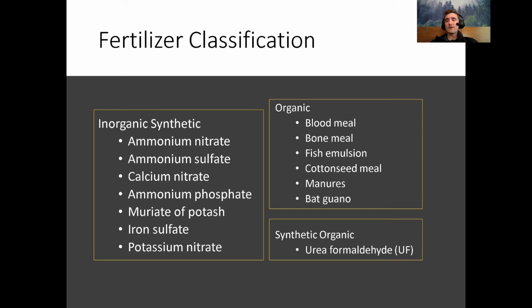You can get sick if you have improper handling or application of the organics, but it just tells you these are derived from things that were once alive, and they still have the same guaranteed analysis. They still have the same grading system as a fertilizer, and you should treat them like any type of fertilizer so that you make sure you follow proper protocols. And then for the synthetic organic, we have urea formaldehyde UF, and that one is typically very highly concentrated.